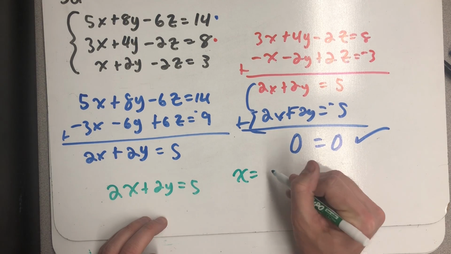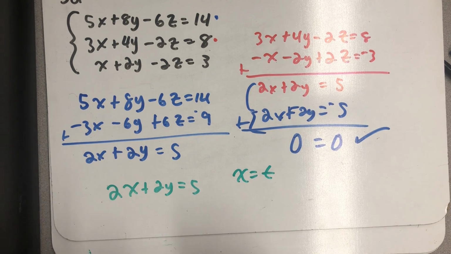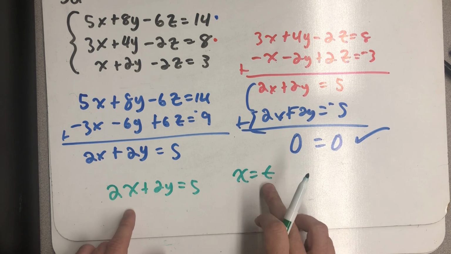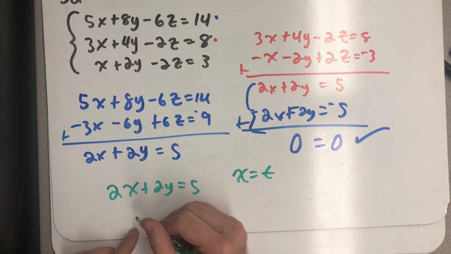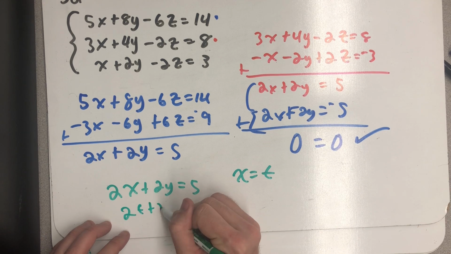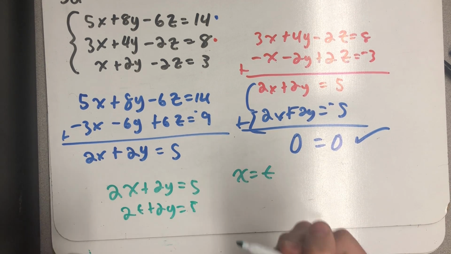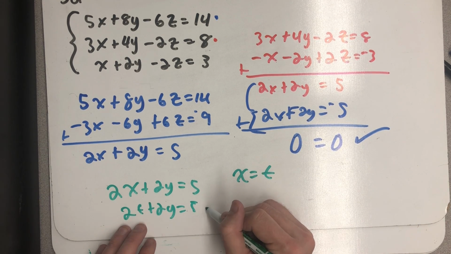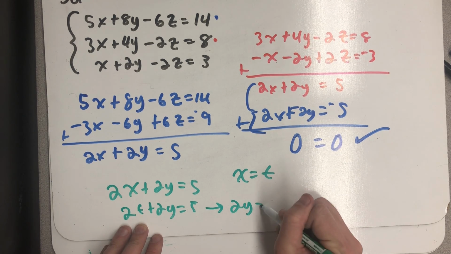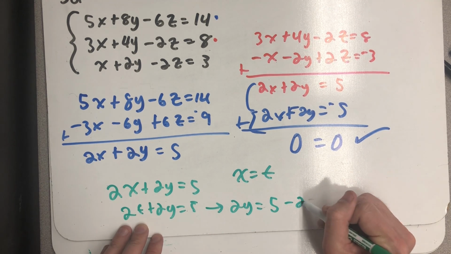Let x equal t, pretending that t is just some number. Well, if I was to plug that in, I would get 2t plus 2y is equal to 5, and I could solve for y. 2y equals 5 minus 2t.